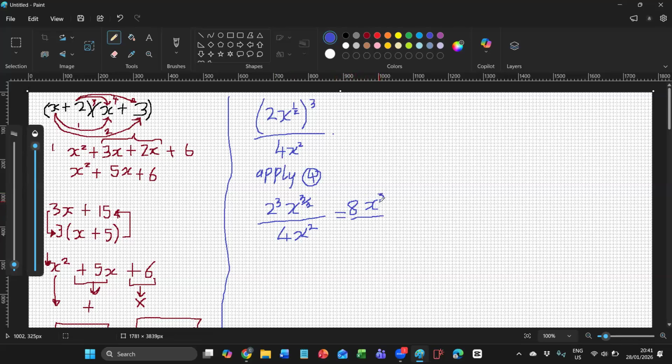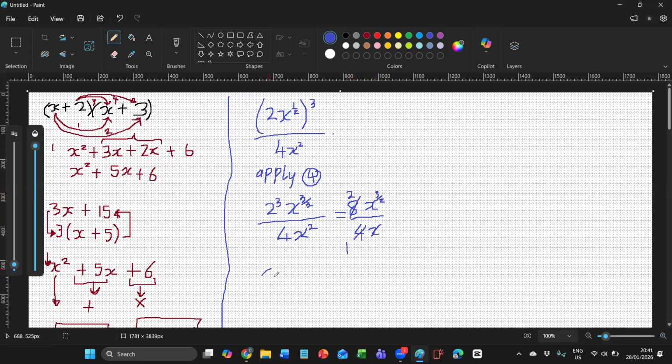So those will take themselves out of the picture. 4 in 4 is 1. 4 in 8 is 2.